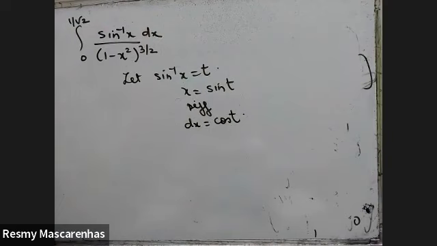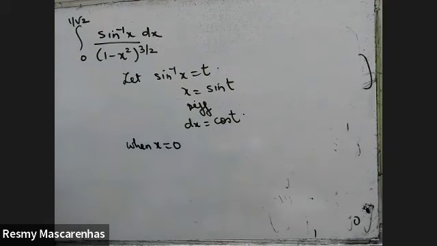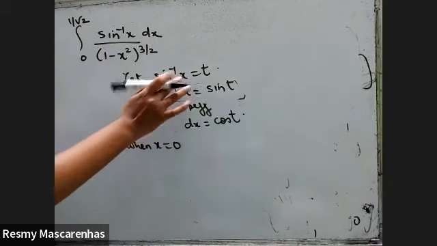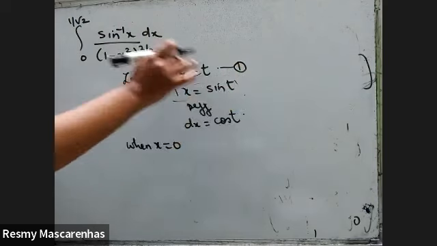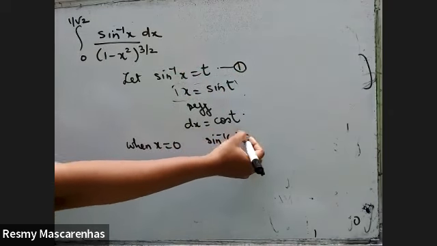Now again we have to change the limits because this is given in terms of x. So these are the limits for x. So when x equals 0, put 0 over here. In the main equation, when x is 0, sin inverse of 0 equals t.